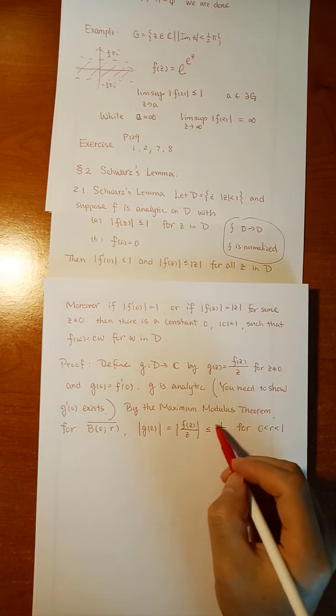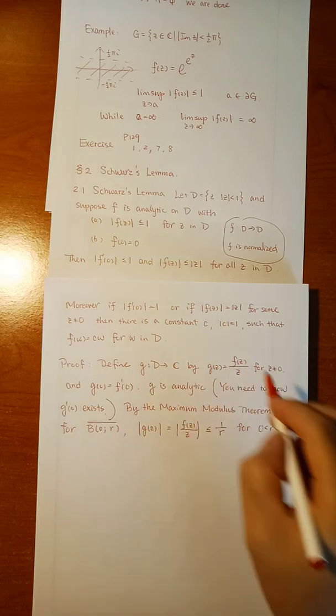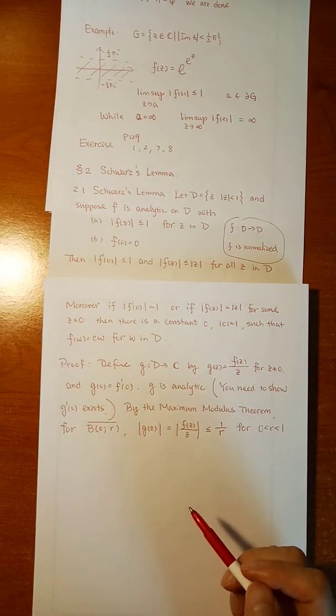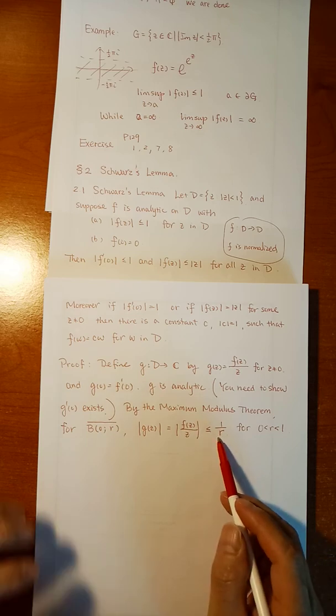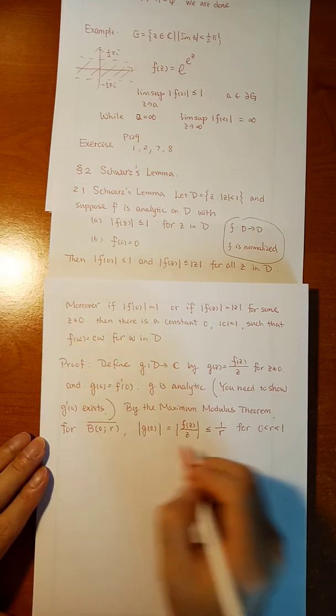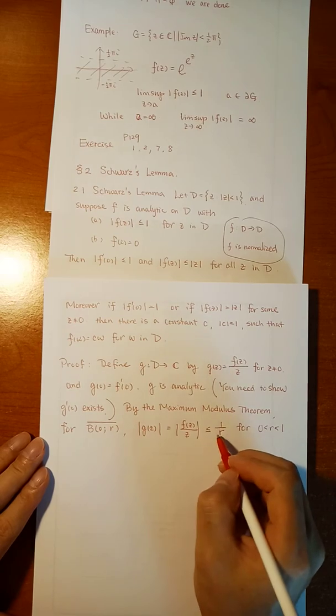Okay, so you get this quantity on the boundary of the closed disk. And for every R, you have this condition.